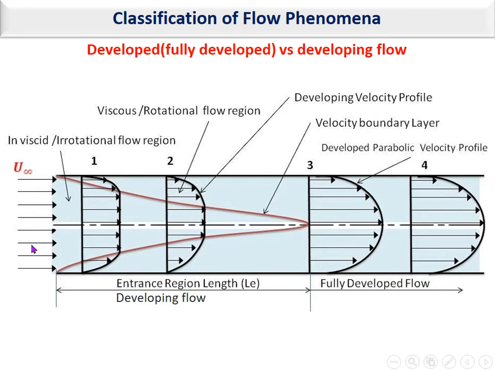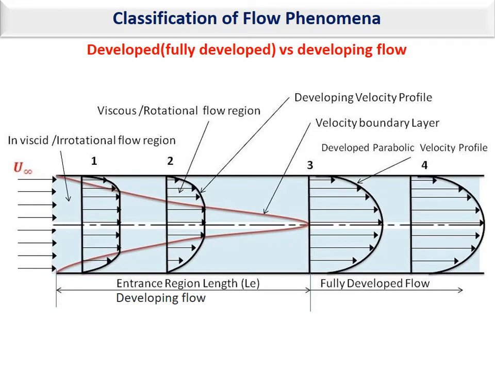Suppose that at first the flow velocity everywhere entering the pipe is equal, for example equal to u. When the flow enters the pipe, just starting from the beginning, the flow velocity on the surface will be 0. Why? Because the flow adheres to the surface. We name it the no slip condition.